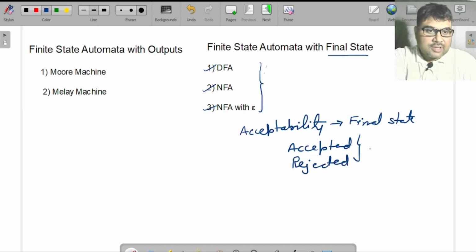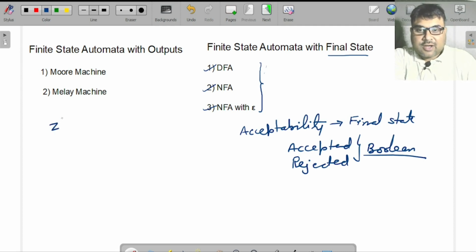So it is a boolean kind of thing, whether you're talking about true, false, or yes, no. But here we are interested in the output. So this is the output function.